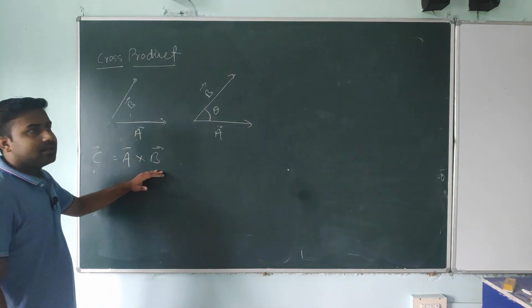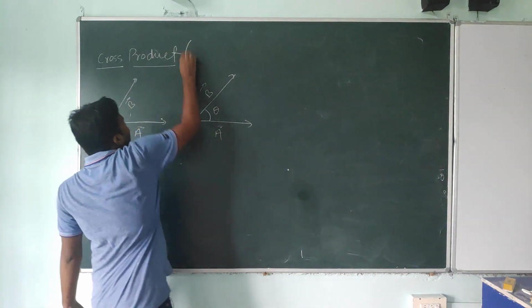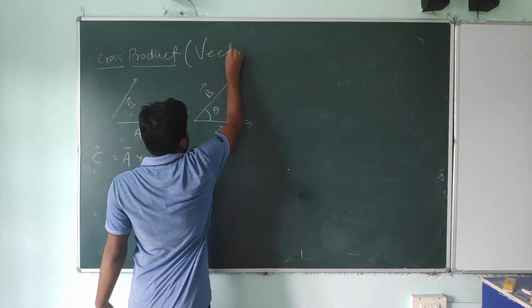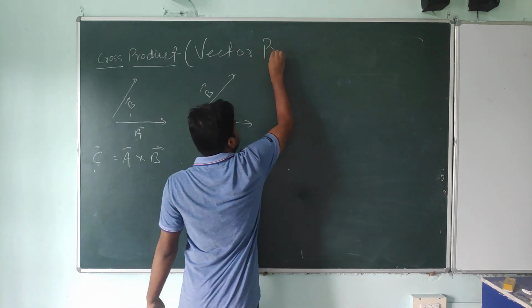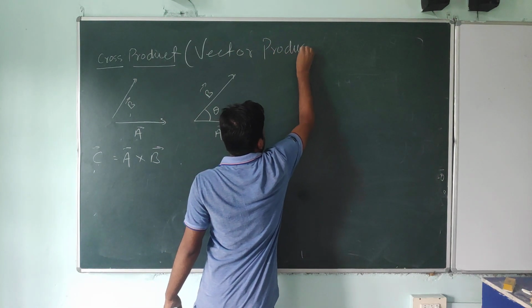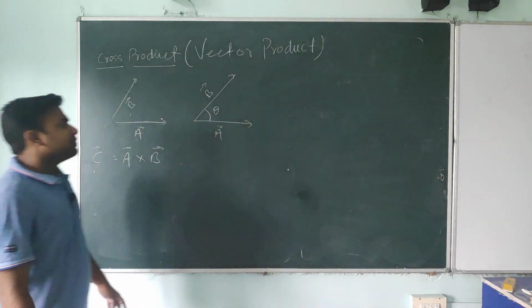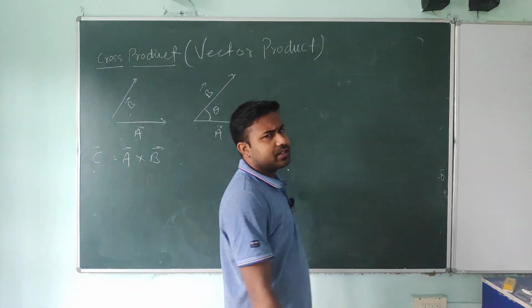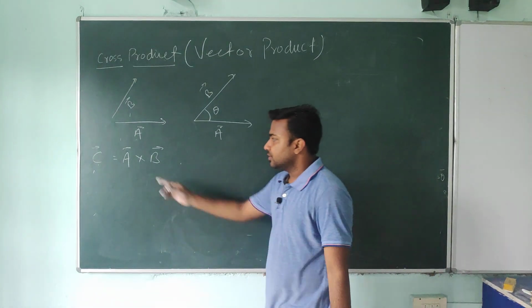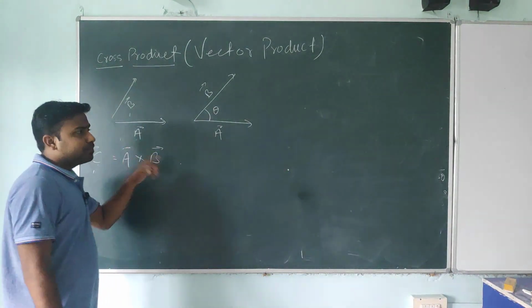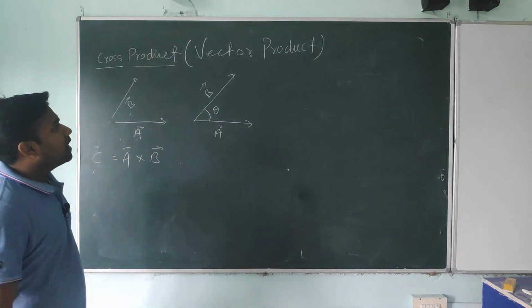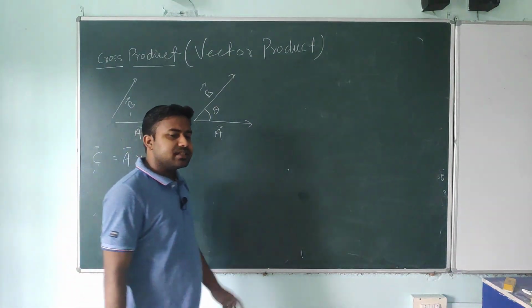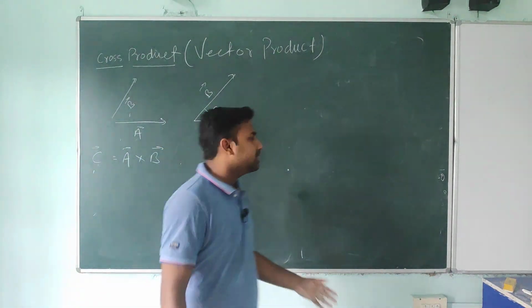This is also called a vector product. Why is it called the vector product? Because the resultant you get after this cross product is also a vector quantity. In the previous case, whatever product we got was a scalar, but here the product we get is a vector.